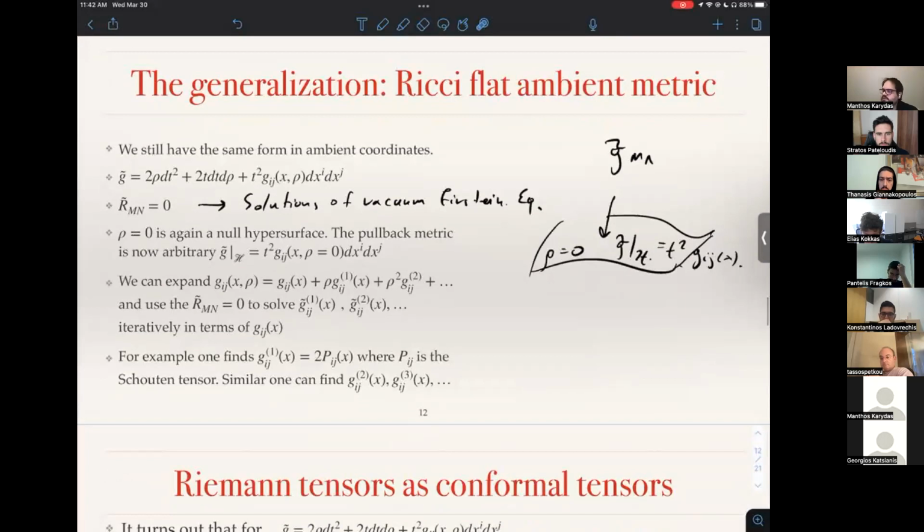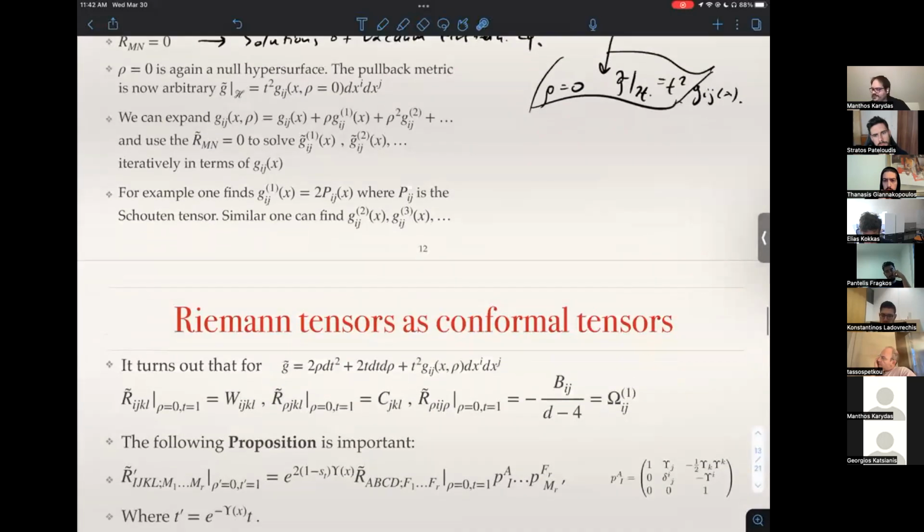For example, if I do this series, I can find that G1 is just 2 times the Schouten tensor, solving Einstein's equation. But the higher order you go, the harder it is to do this. It's hard to solve Einstein's equation, we all know that, even perturbatively.